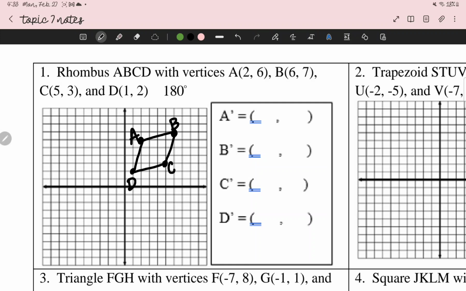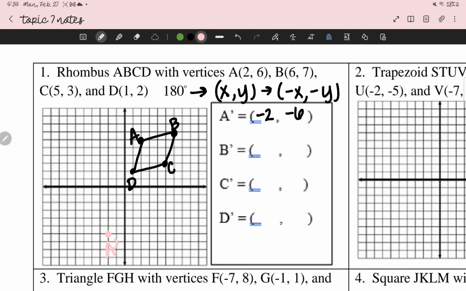If it's going to be 180 degrees here, I know that my rule says to go from the original point to the new point, I'm just going to make everything its opposite. So the opposite of point A is -2, -6. I'm going to do a whole different one over here. -2, -6 is down here.